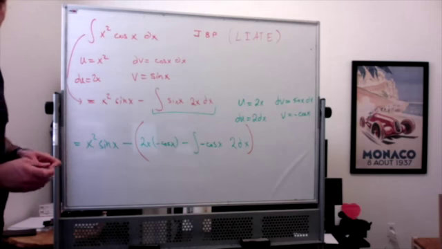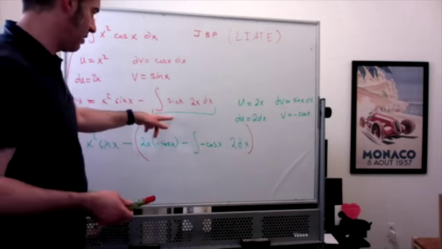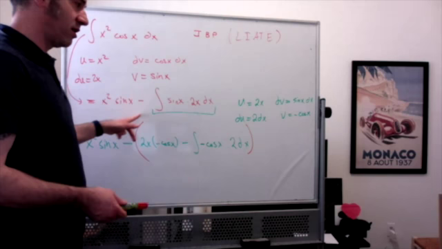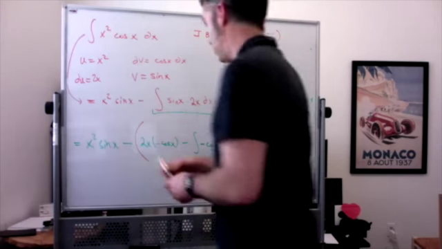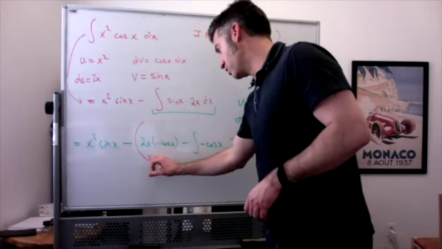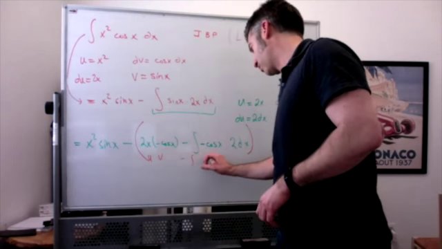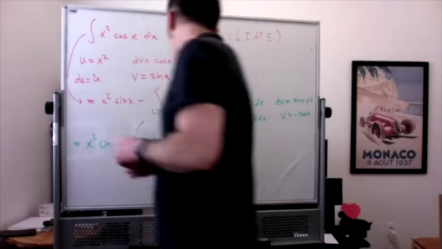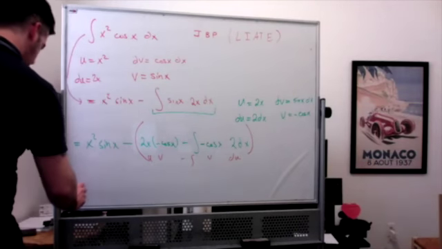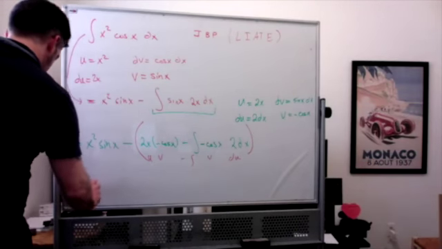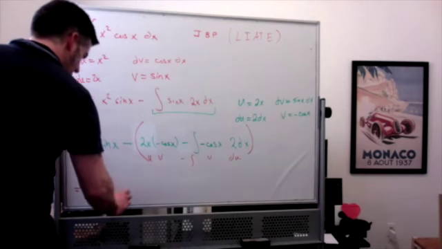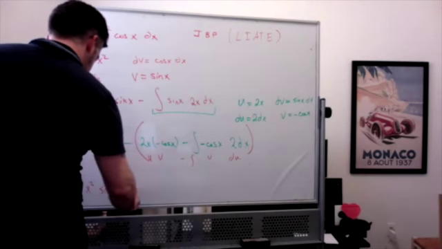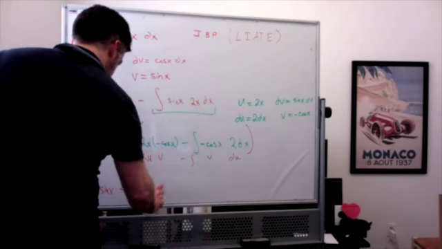So be careful, right? When you're doing integration by parts the second time, there's often a minus sign in front of your integral, and that minus sign has to distribute to all of your uv minus the integral of v du. It has to distribute. So let's see what we get. We get x squared times sine of x minus, a minus is plus, 2x cosine of x.